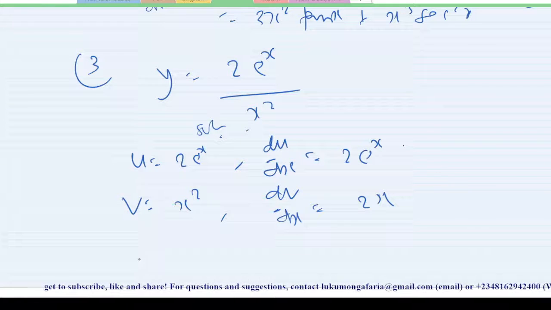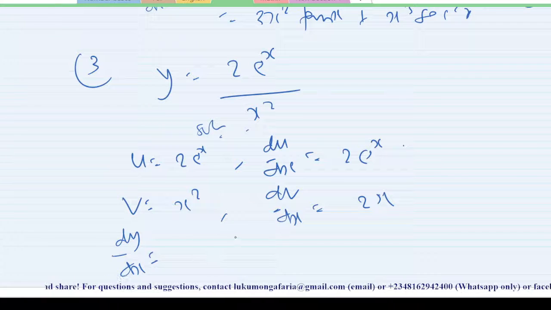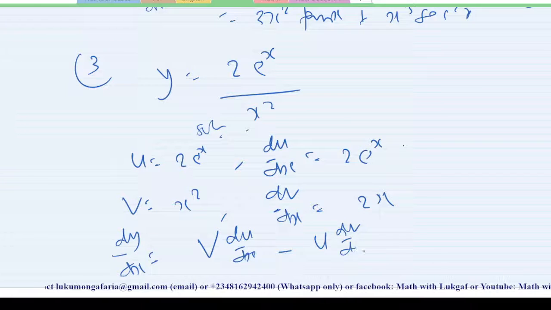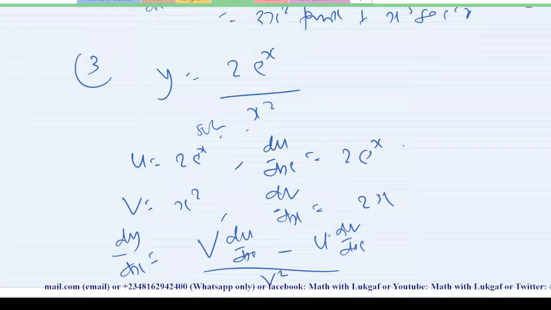Then you now substitute into the formula. Let's say it's v du dx minus u dv dx divided by v squared.